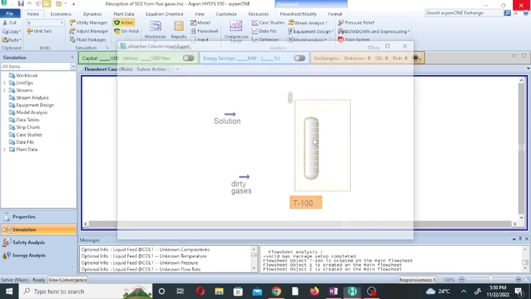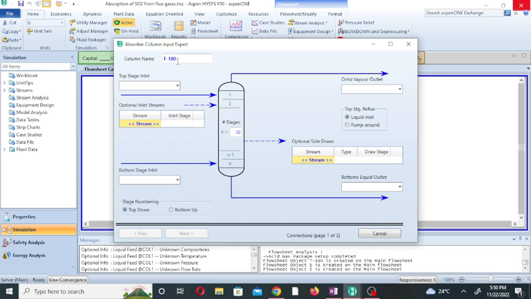So double click on the absorption column. The column name, you can change it. This is the absorption column. The inlet stage: the solution is coming from the top. This is the top and this is the bottom, the top vapor and the bottom liquid.